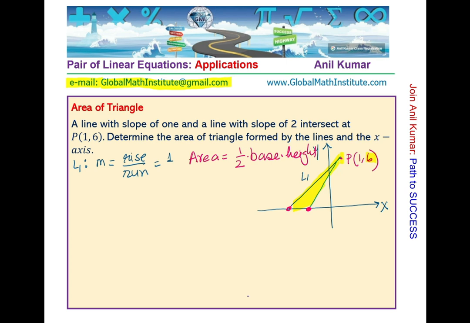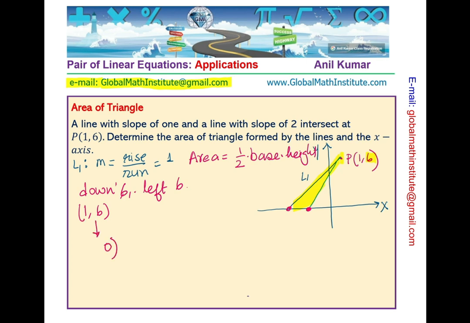So to come down by 6 units, slope of 1 means down 6 means left 6. So from this particular point, which is (1, 6), we have to go to 0 for y and minus 6 for x also, right? Which gives you minus 5.